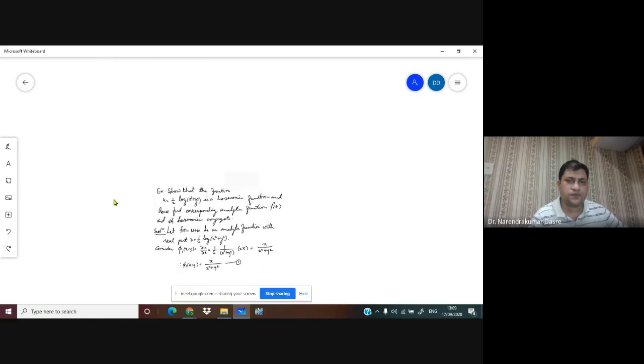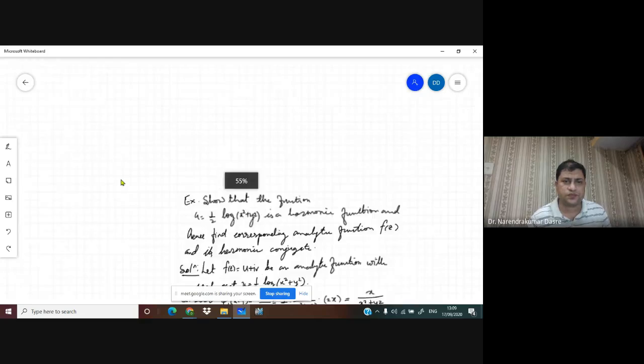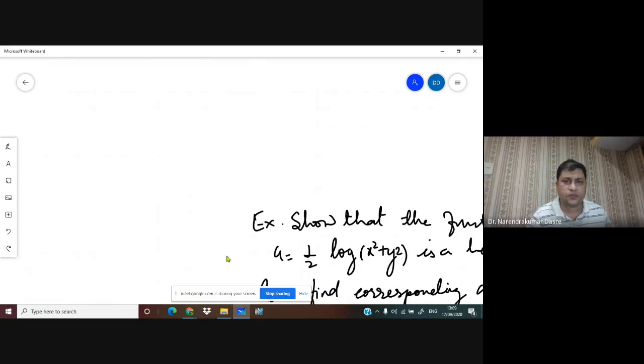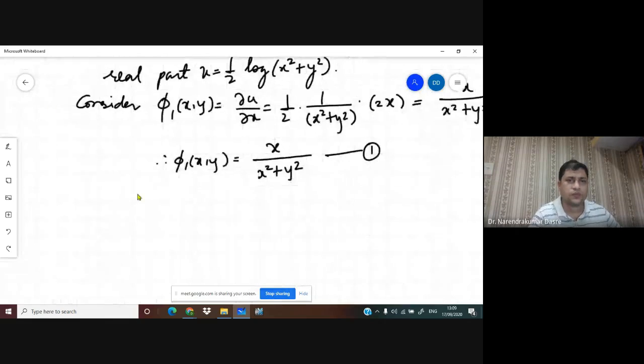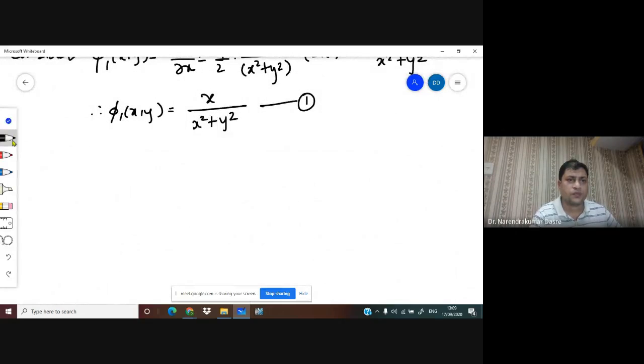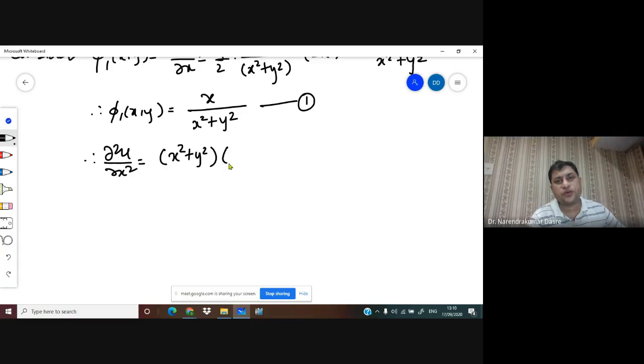Hence we have del square u by del x square is equal to, so we have to use the u upon v rule here. So x square plus y square into the derivative of this term, which is going to be 1, minus this term remains as it is, and the derivative of the other term is going to be 2x, upon v square.